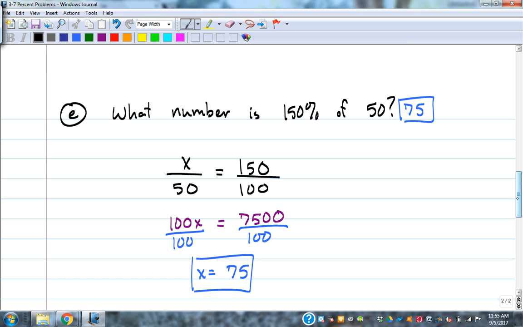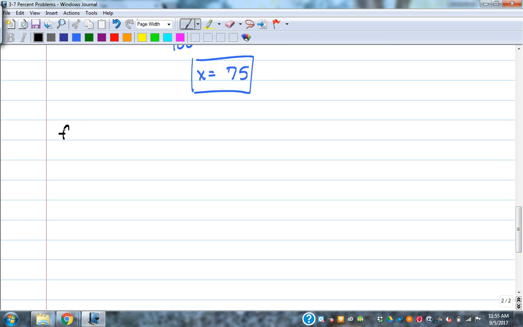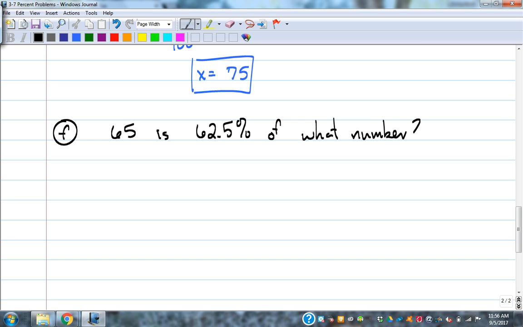Let's go to another one that's a little bit different. Same kind of idea, though. The setup is still similar. 65 is 62.5% of what number? So let's get the setup on this one.